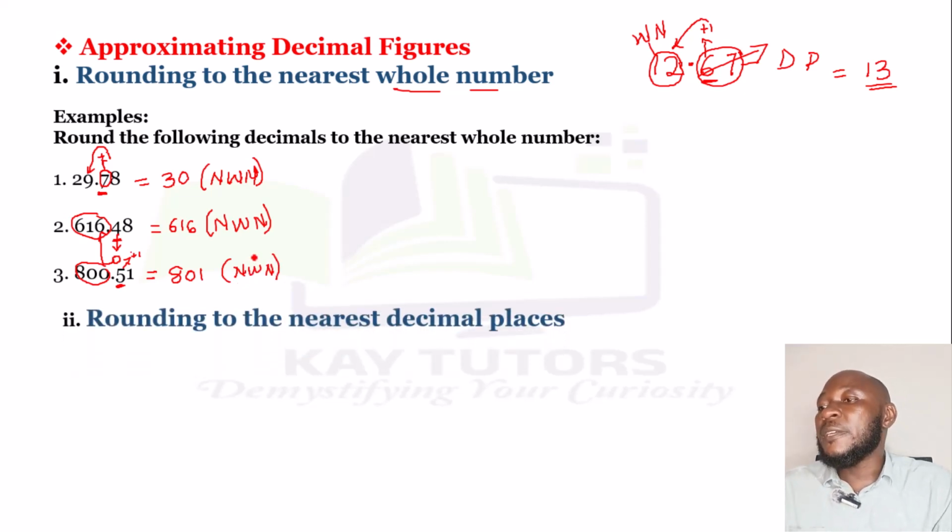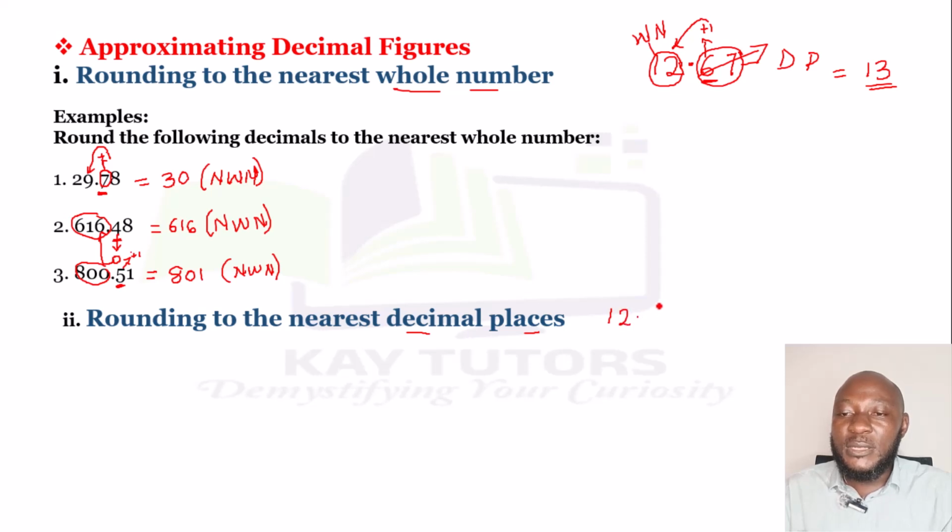Okay. So next, we are going to be rounding to the nearest decimal places. Before we start this, let us know what decimal places means. Let's say for instance, we have 12.6789.